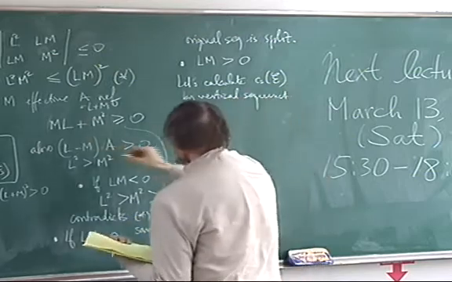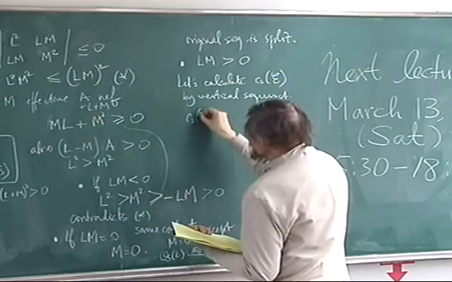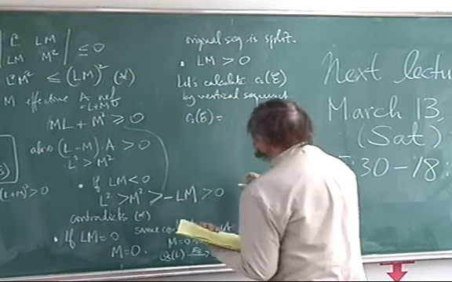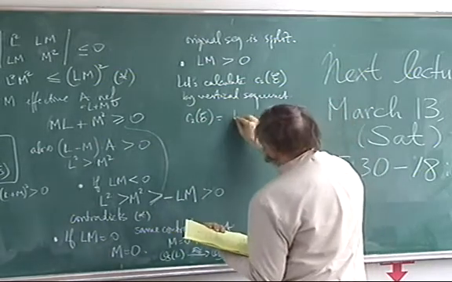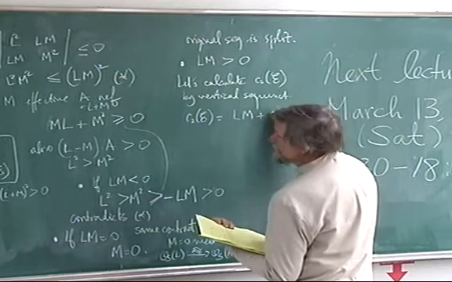And so I told you the C2 of E is L times M plus IZ.